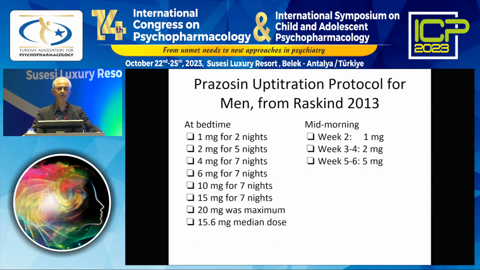Now, another thing that people don't know about prazosin, aside from the fact that it works and might be your first-line choice, is how to dose it. And that's why I have these 2 slides on how it was dosed in the studies where it worked well. If you want to practice evidence-based medicine, you can't just go by whether a drug worked. You have to prescribe it in the way that it was prescribed in the studies where it worked.